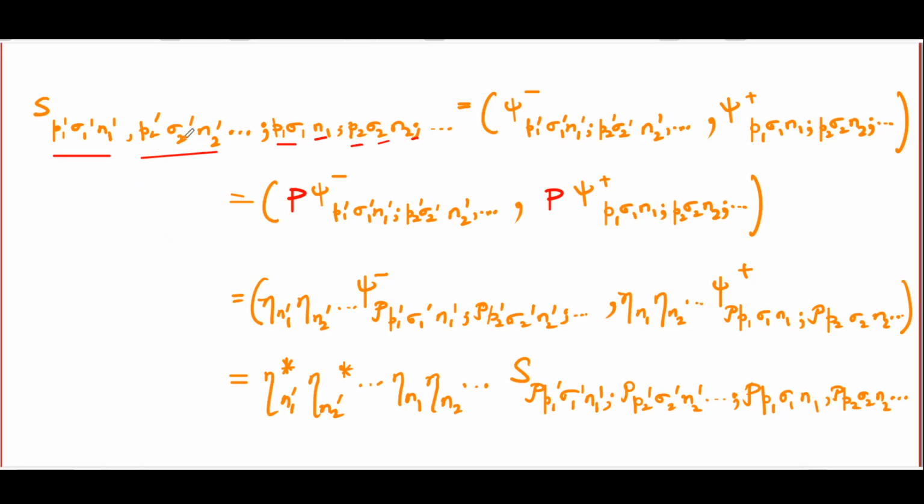And the relationship between these two S matrix elements is simply that they are multiplied by an overall factor which corresponds to the product of the intrinsic parities of the in-state particles and the conjugate of the product of the intrinsic parities of the out-state particles.